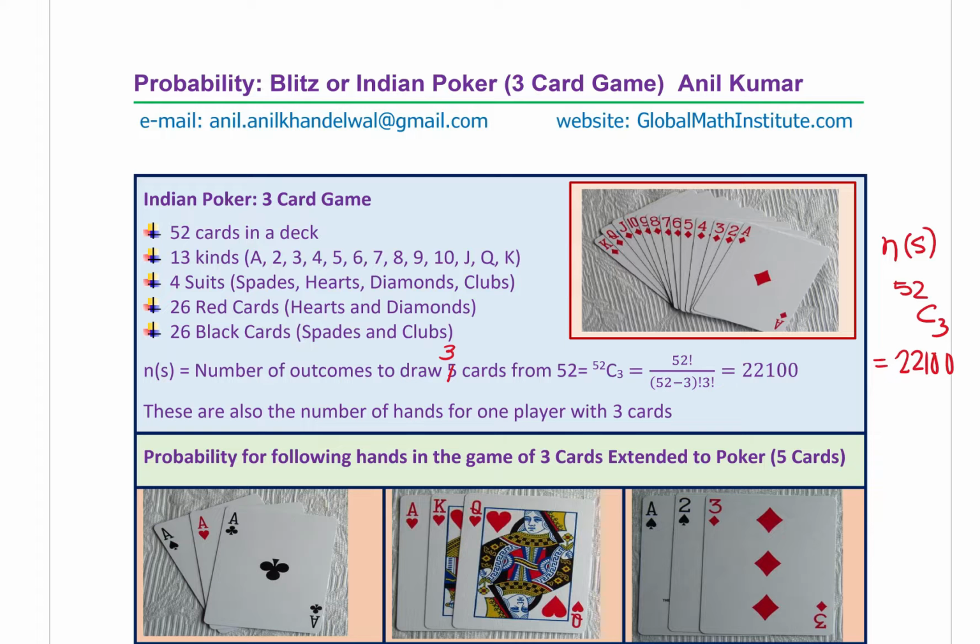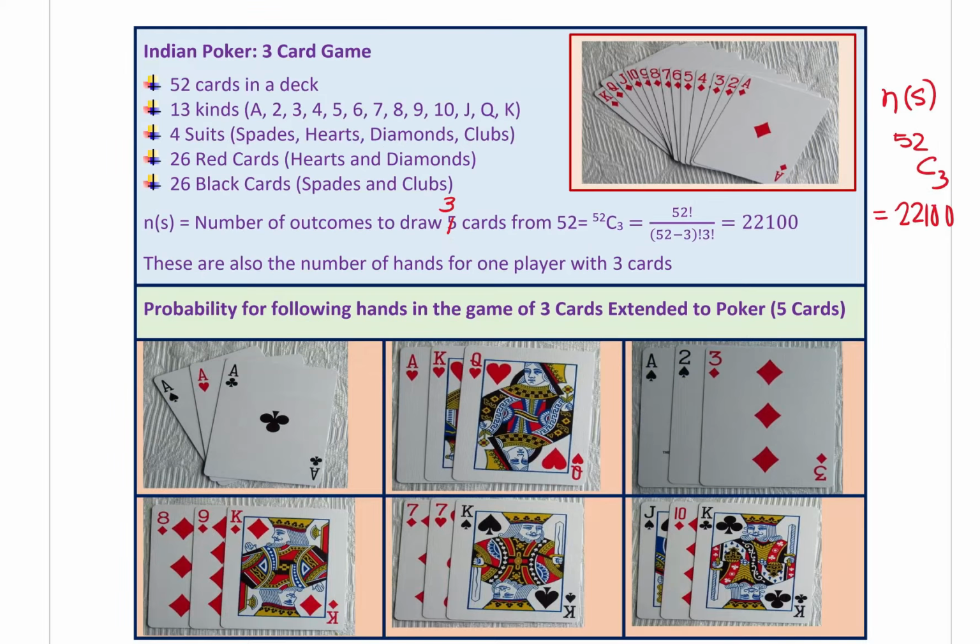So let me share with you three more, which are considered to be pretty high in ranking. So the fourth position is of color. All of the same color, like all diamonds or all hearts, but not in a sequence or with a pair, right? Now we'll talk about a pair here. We have two sevens, two aces, two kings, something like this.